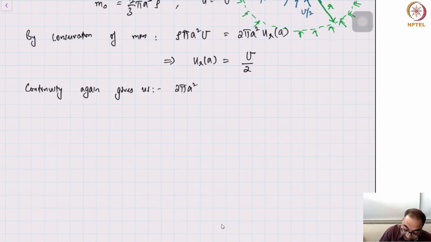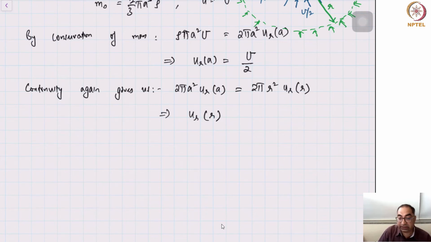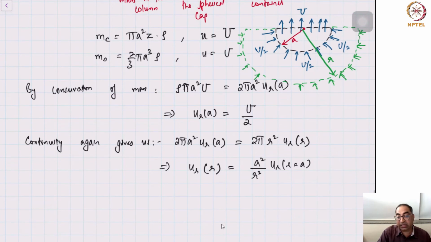2 pi a square ur at r equals a will be equal to 2 pi r square ur at some radius r. And therefore the radial velocity at some radius r will be a square by r square times ur at r equals a. But we've already determined the velocity at r equals a, that is the spherical cap shown in the blue arrows.